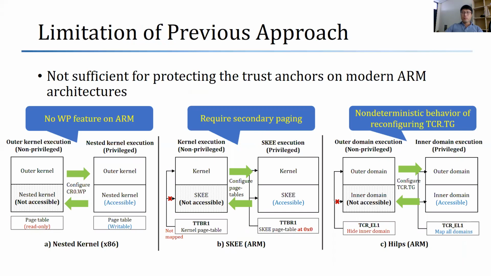Unfortunately, because those approaches require architecture or CPU mode specific features and also entail some attack vectors, we cannot generally adopt them to protect the trust anchor on high-end mobile devices. Please refer to our paper for more details.